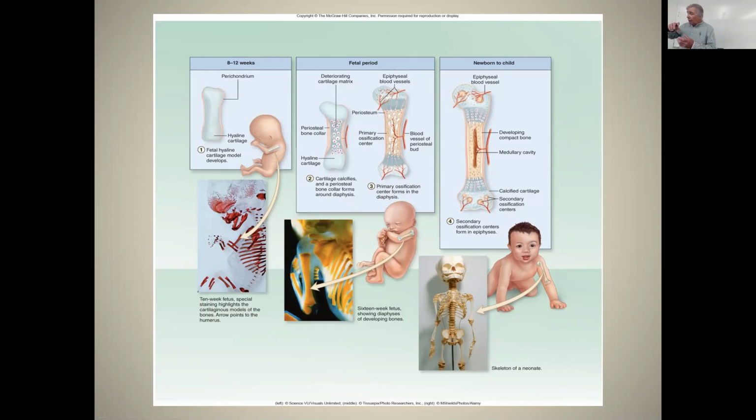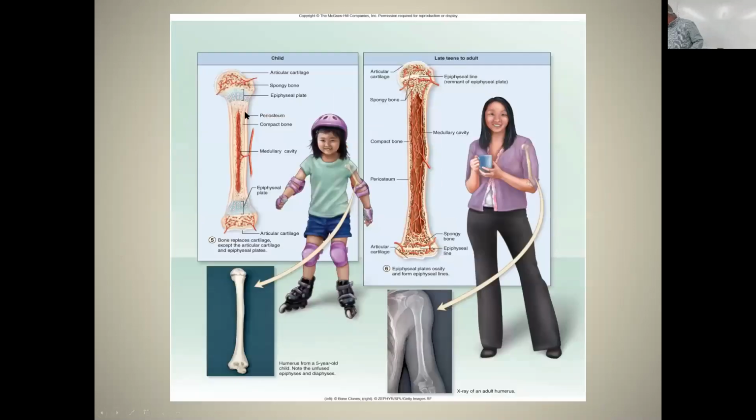So you end up with bone being made on the inside of bone, on the long axis of bone, so that bone heads out from the center, and then there's secondary ossification centers in the epiphyses, and that sends bone making in this direction. All right, and we have cartilage between them. So you have the ossification center in the diaphysis, the two ossification centers in the epiphyses, and you have cartilage between them. Okay, and that cartilage becomes the epiphyseal plates right here and right here when you're an adolescent.